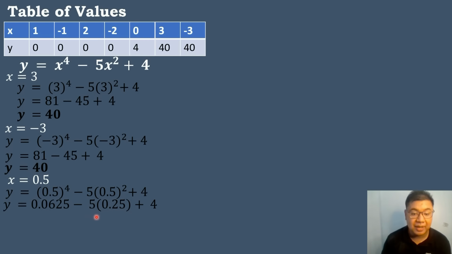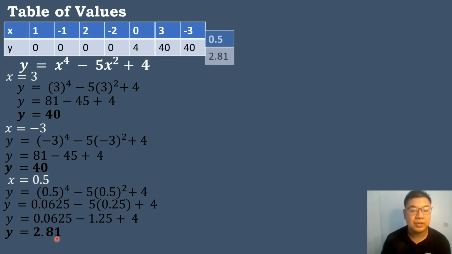Bring down negative 5 plus 4, and then simplify again. So y is equal to 0.0625, bring down, and then negative 5 times 0.25 is negative 1.25, plus 4. And then 0.0625 minus 1.25 plus 4 is equal to 2.81. So if x is equal to 0.5, then the value of y is equal to 2.81.